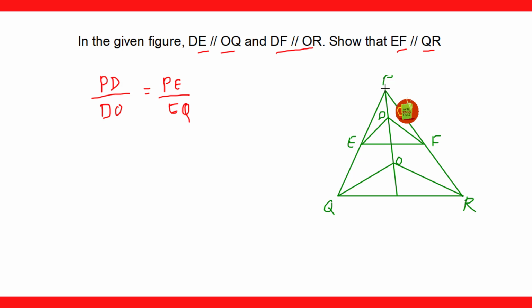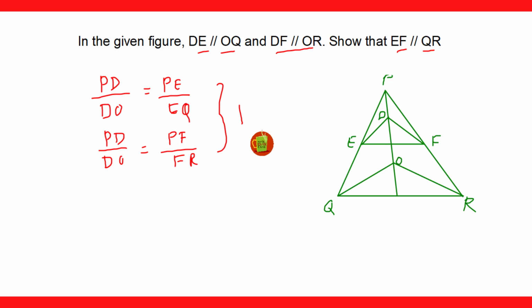Similarly, in triangle POR, we see that DF is parallel to OR, that is given, and therefore PD upon DO is equal to PF upon FR. The reason for both of these will be the basic proportionality theorem.